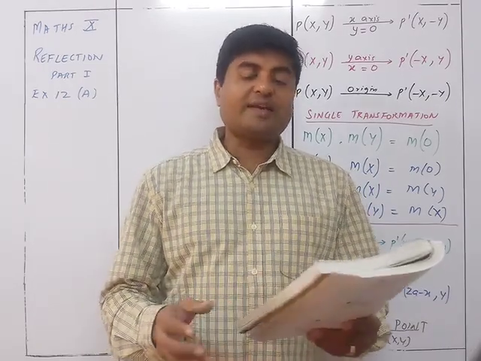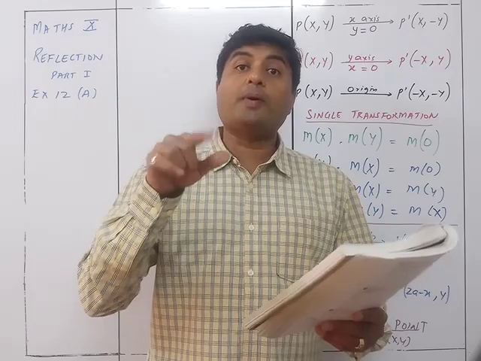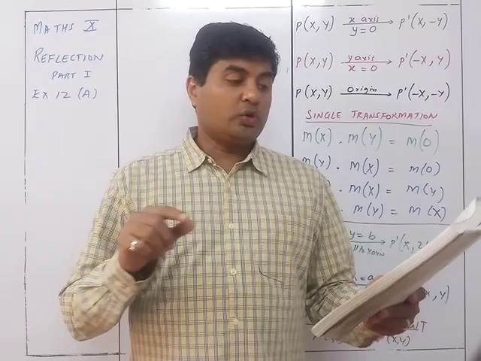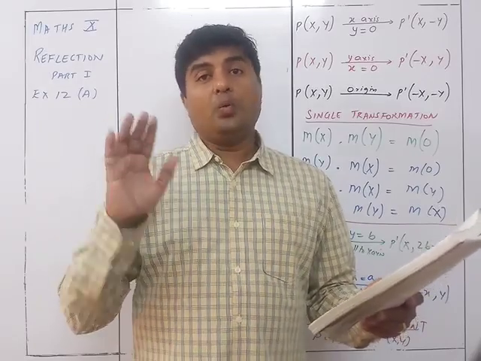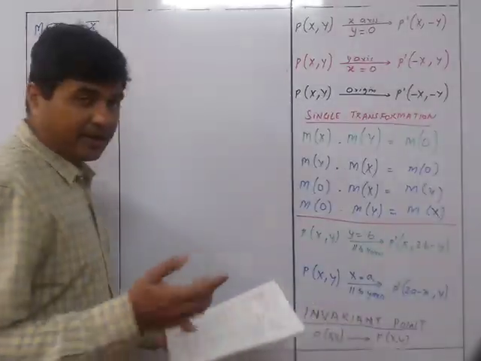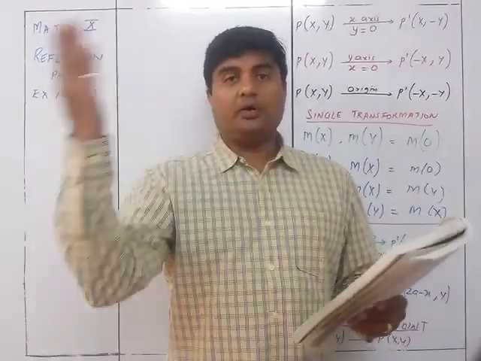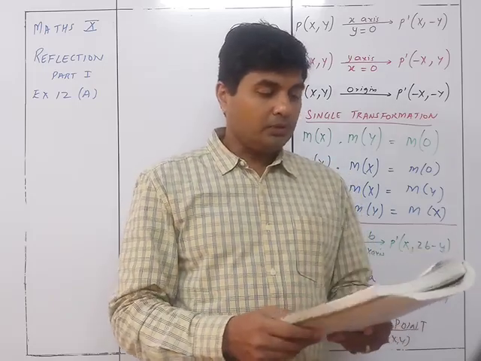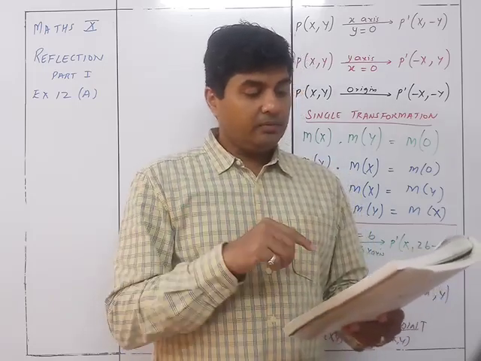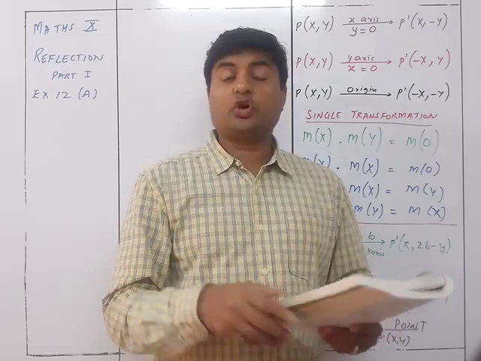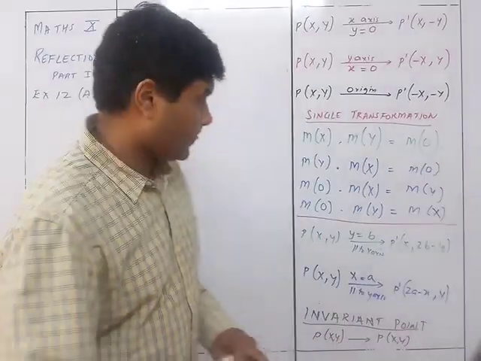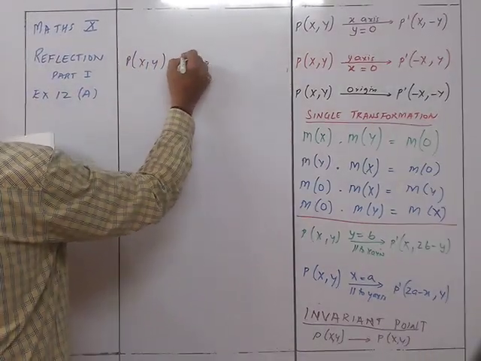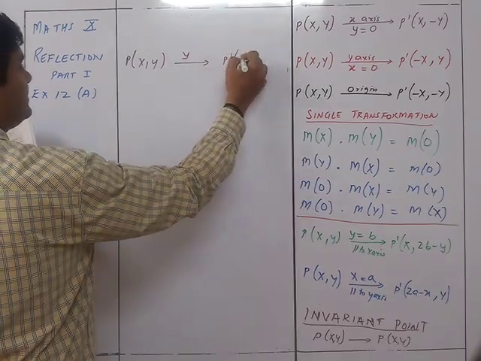(4, 2) under reflection in the x-axis: x will remain the same, so it will be (4, -2). Reflection in the y-axis, (0, 6). Here P (x, y) under reflection in the y-axis becomes P' (-x, y).